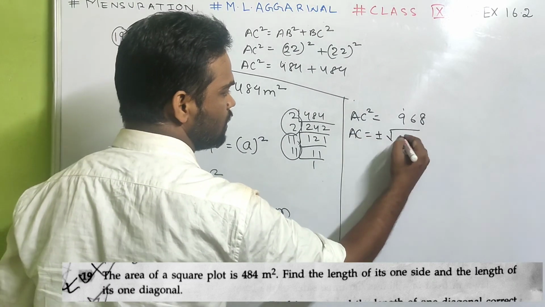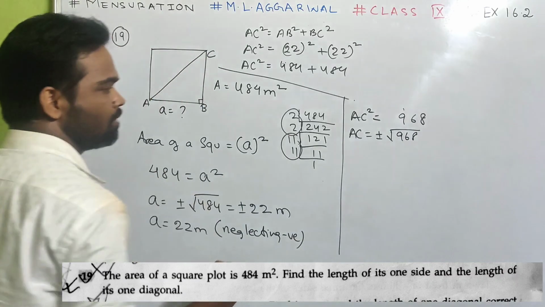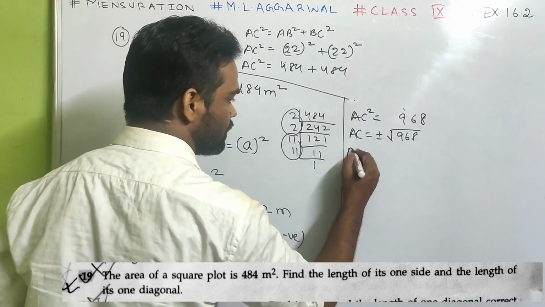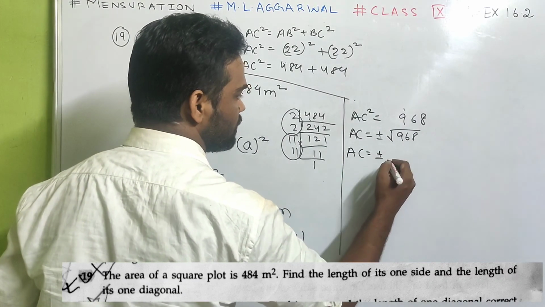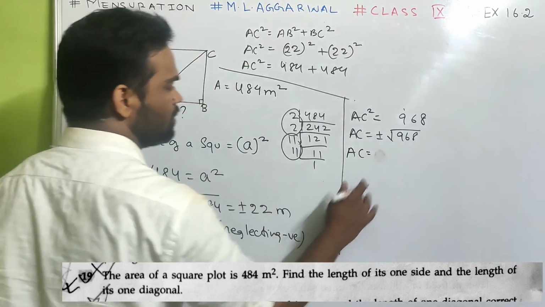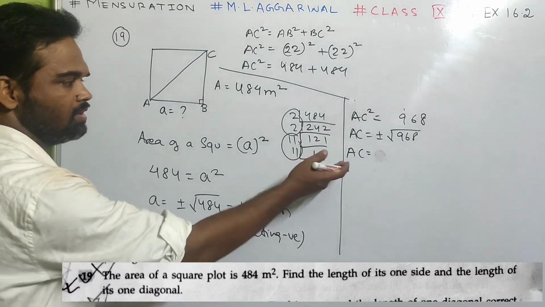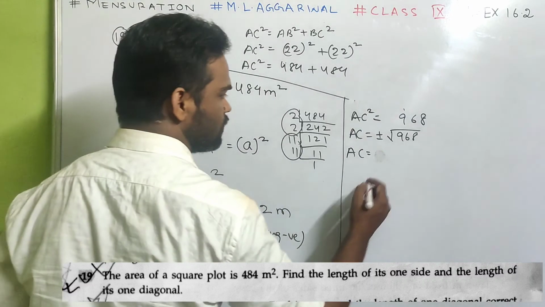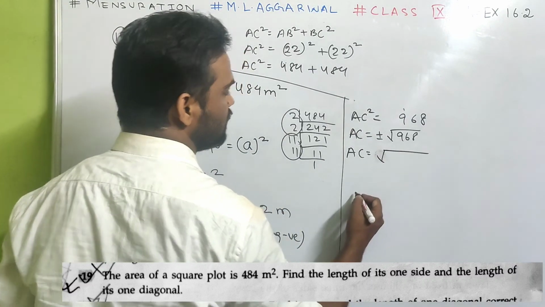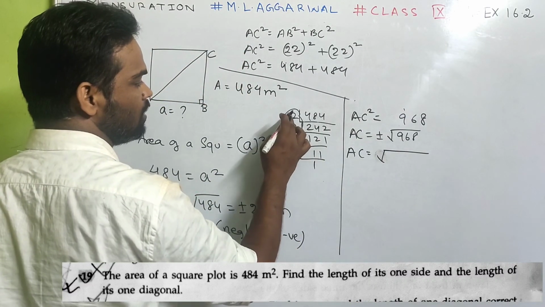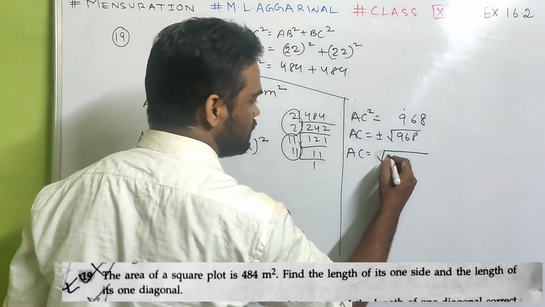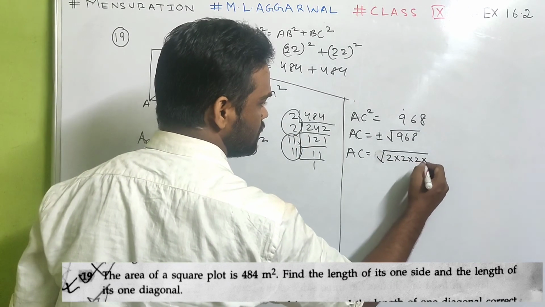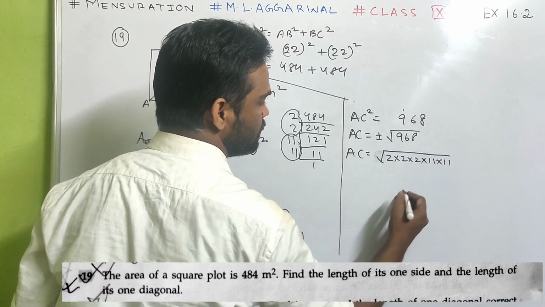Now again AC will be what? Plus minus root 968. Now again the prime factors. I'll not take negative because the diagonal cannot be negative, so I'm taking the positive one only. 968, the factors will be 484, the factors were 2, 2, 11, 11. So this will be 2, 3 times and 11 2 times.